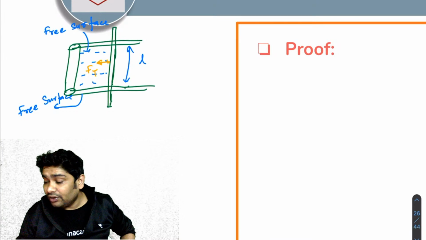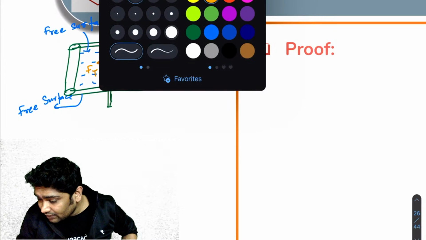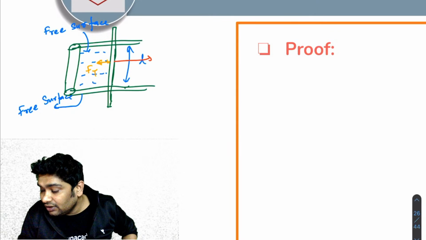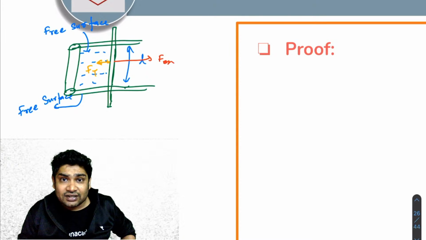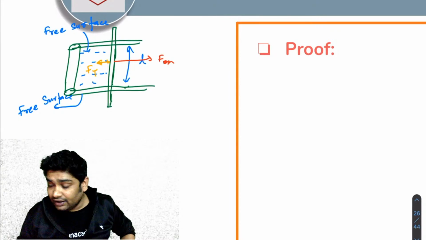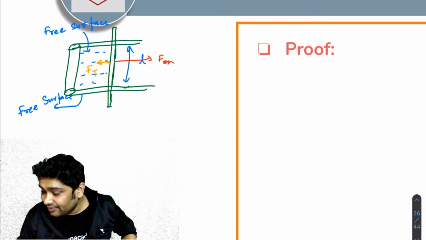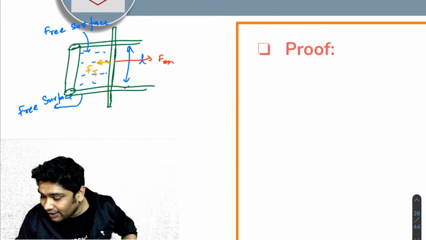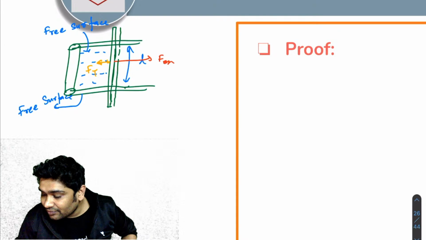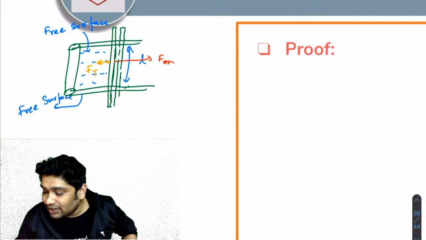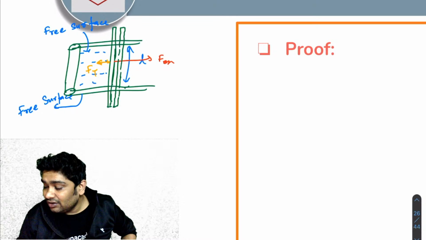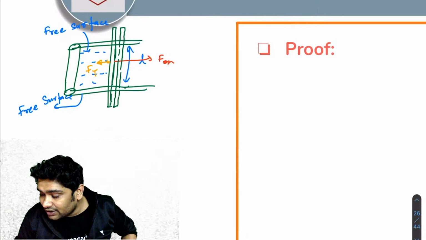Now, if I wanted to move this, I will need F external. So imagine I applied an F external, which is almost equal to Ft, and I made this frame move by a little distance dx. Imagine I shifted this slider by a small distance dx.